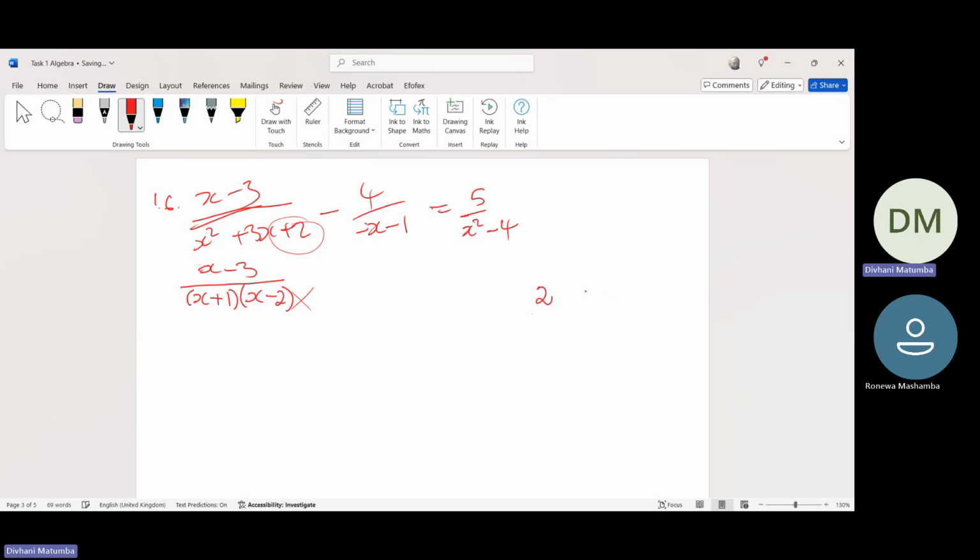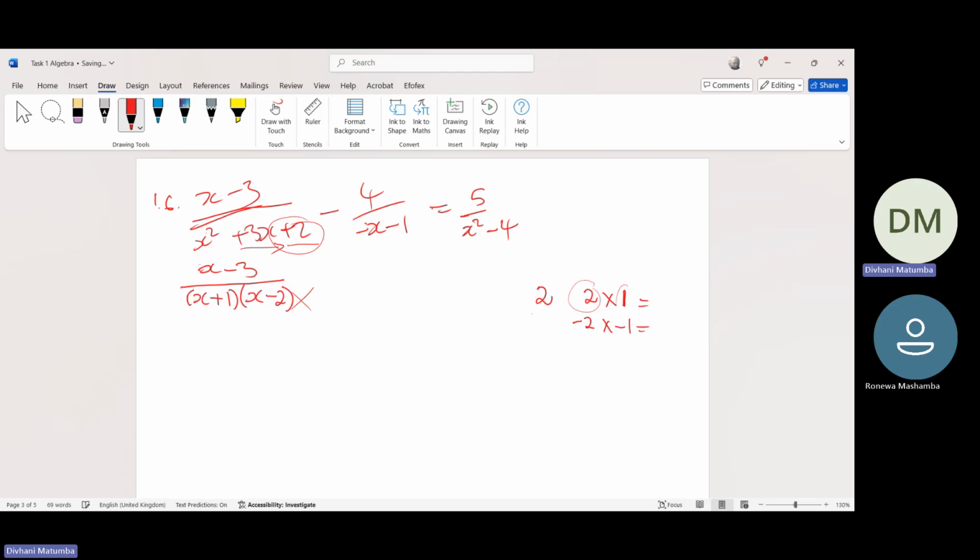The first bunch of factors is 2 times 1, and another bunch is minus 2 times minus 1. When you're factorizing, you have to ask yourself, what are the two numbers that when I multiply them, I will get plus 2, but when I add the factors, I will get the middle term?